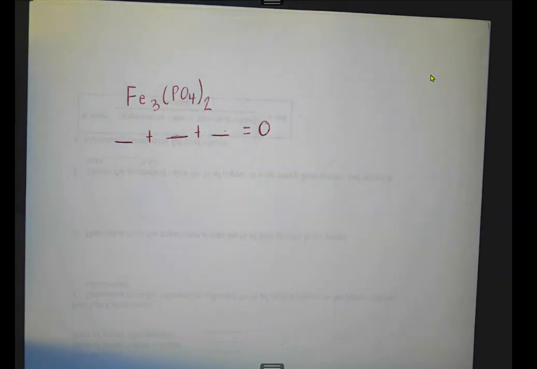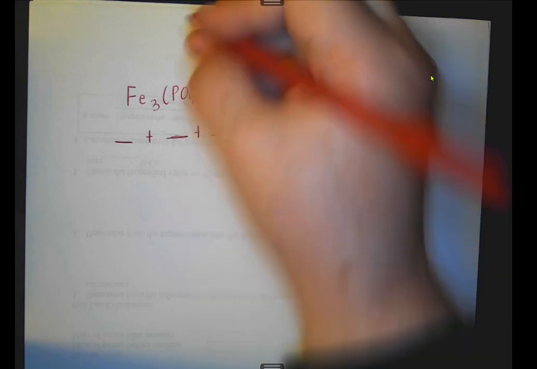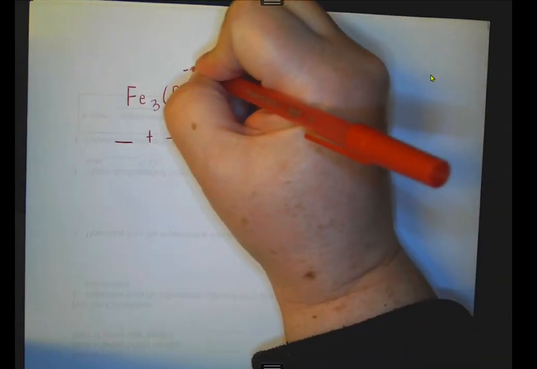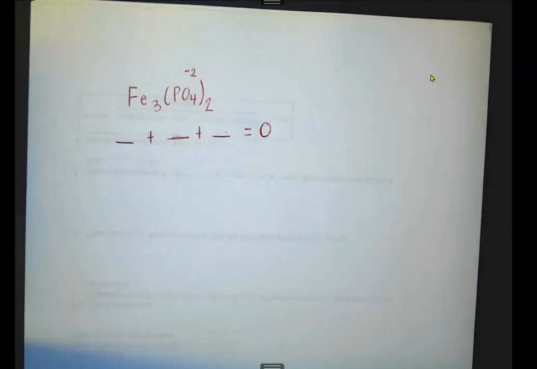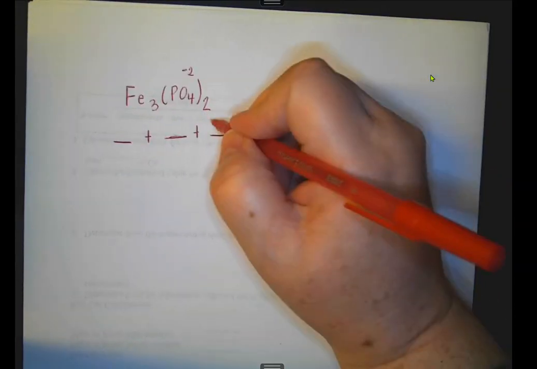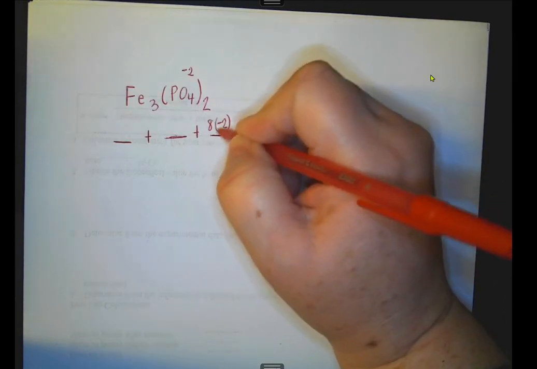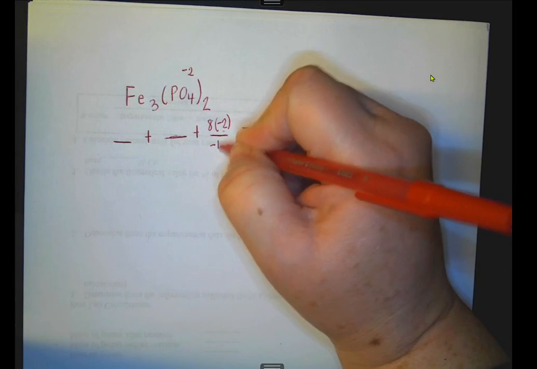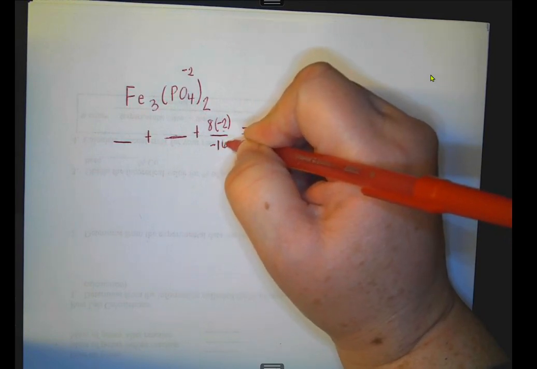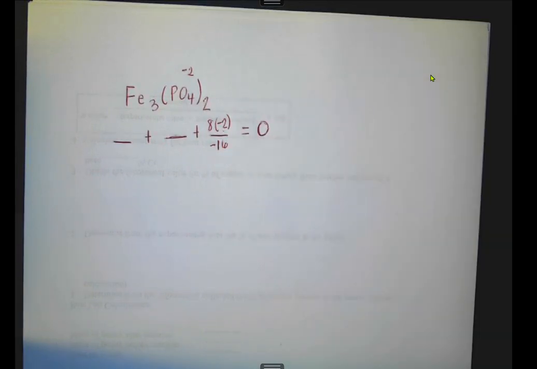When I'm assigning oxidation number values to individual atoms, I always start with oxygen. Oxygen itself has a -2 oxidation value. Okay, in this formula, there are 8 oxygens, and each of them has a -2 oxidation value. So in total, oxygen is supplying -16 to the total oxidation value of this particular compound.